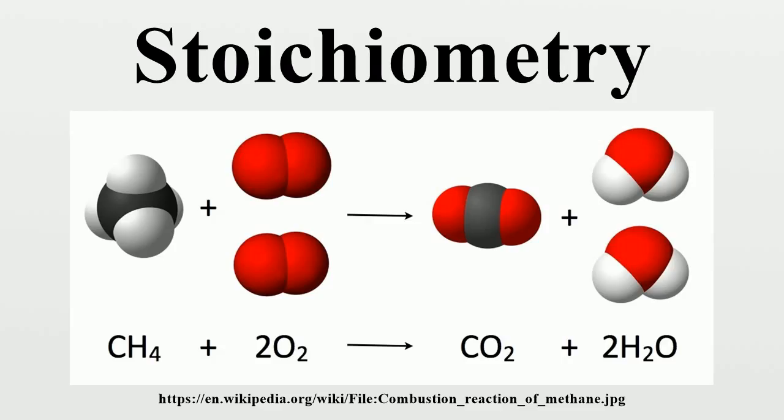Gas stoichiometry calculations solve for the unknown volume or mass of a gaseous product or reactant. For example, if we wanted to calculate the volume of gaseous NO2 produced from the combustion of 100 grams of NH3 by the reaction 4NH3 + 7O2 → 4NO2 + 6H2O, we would carry out the following calculations.